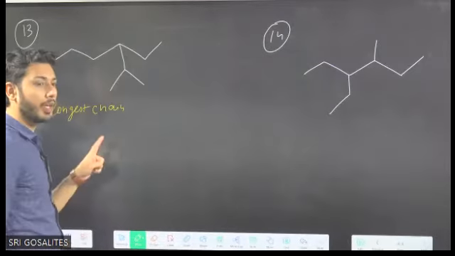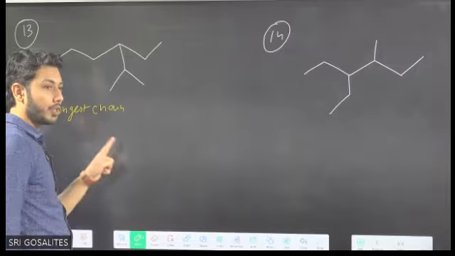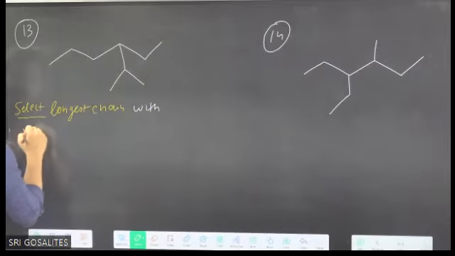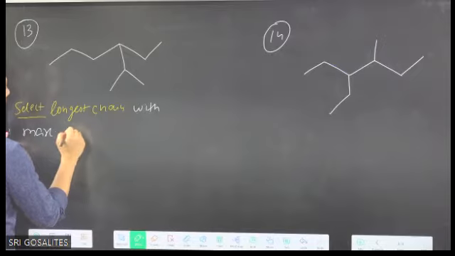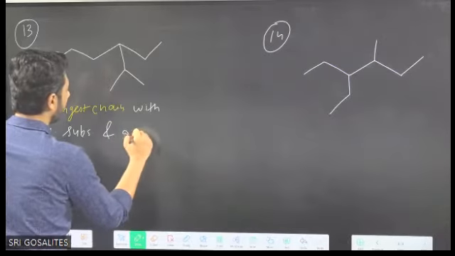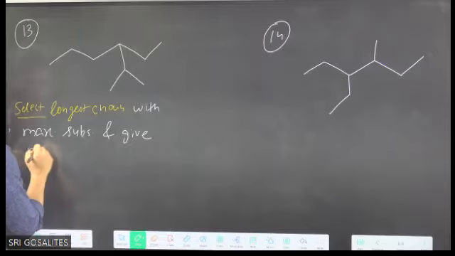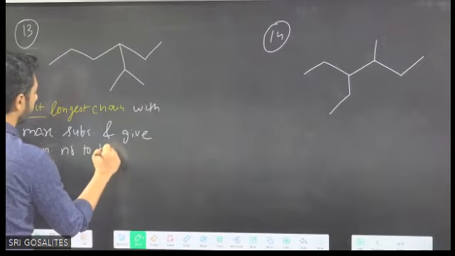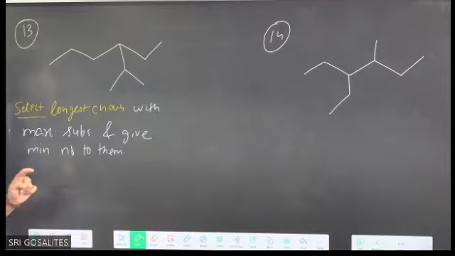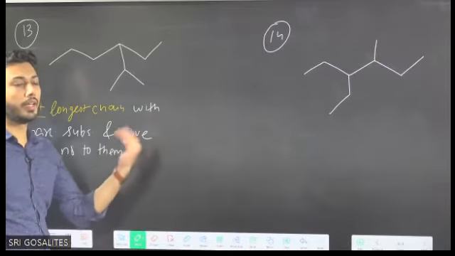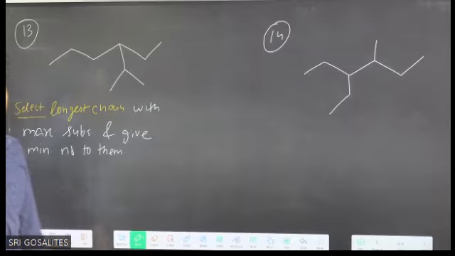In 13, which point do you remember? Select the longest chain with maximum substituents or branching and give minimum number to them. The iso term we cannot use here. Iso, I will tell how to use it. Iso, neo, tertiary.